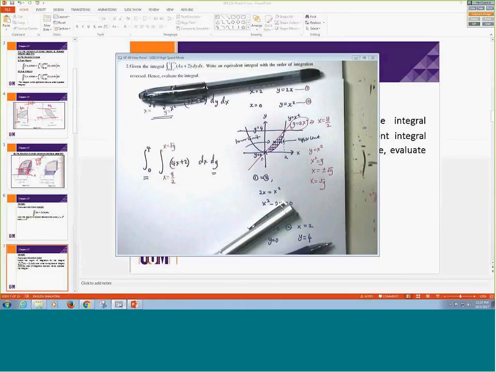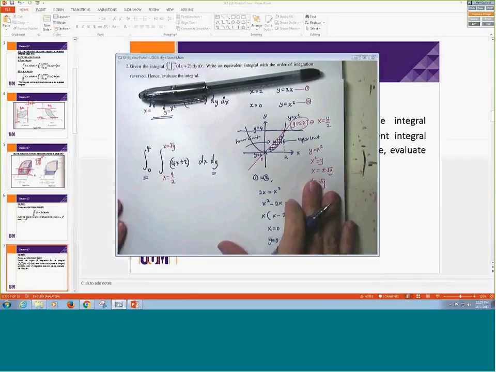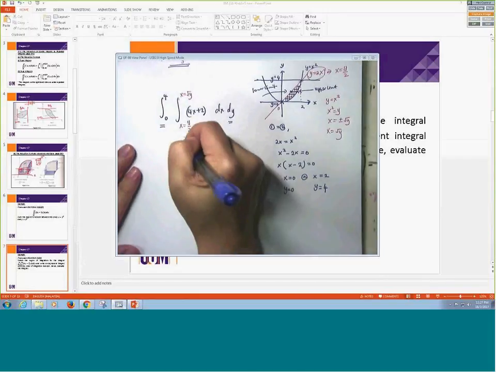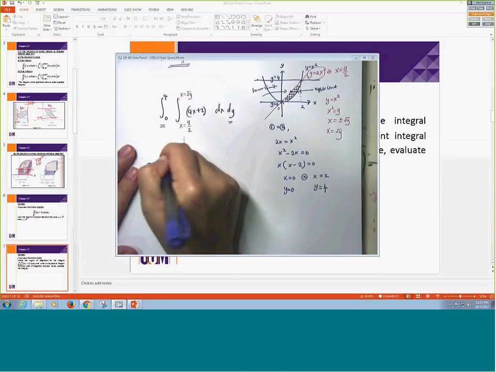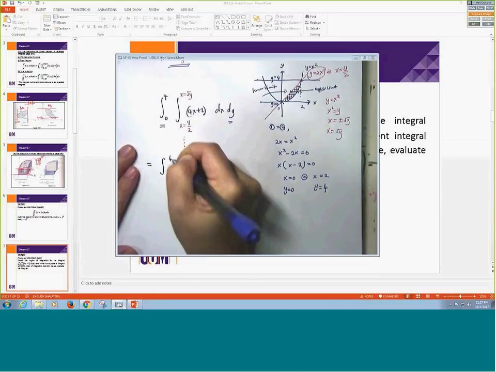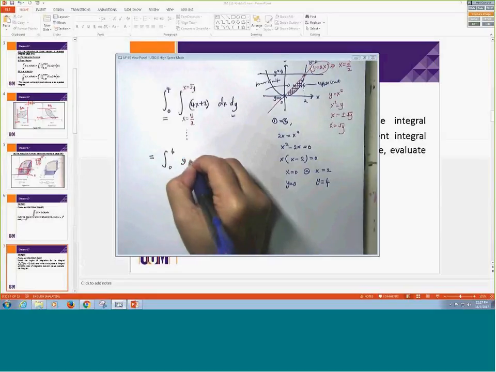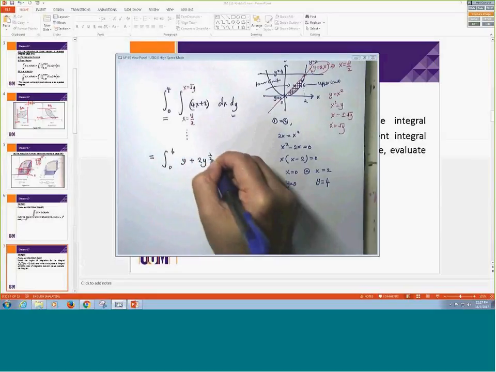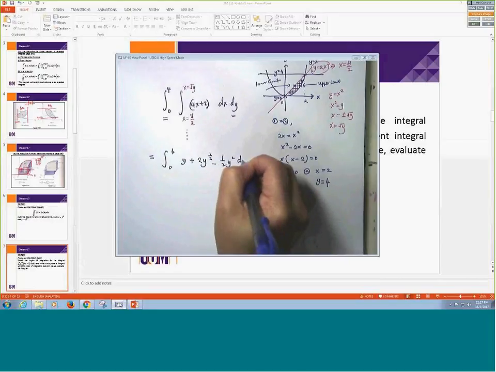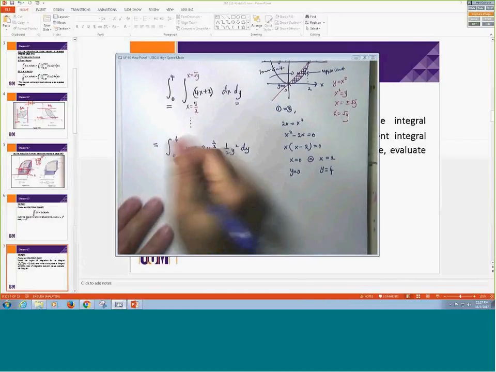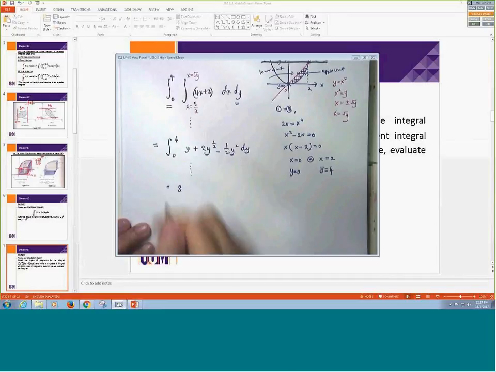When you solve this, you should be able to obtain, after one step, the integral of (square root of y minus y over 2) dy, and then solve it further. The answer is 8. Try and see whether you can get the answer 8.